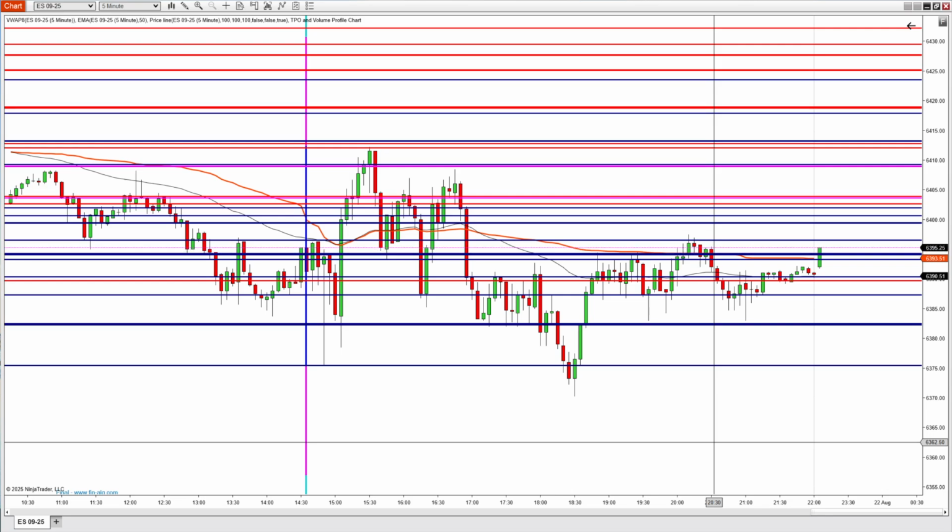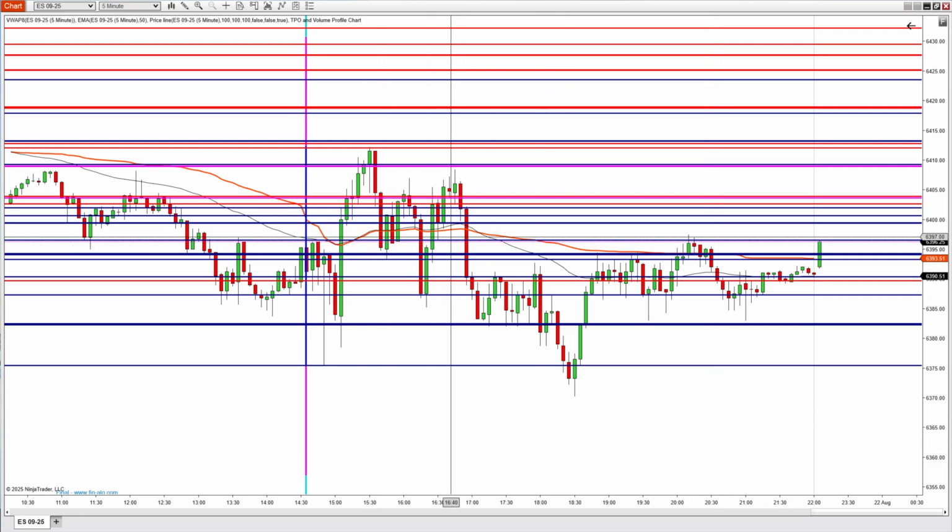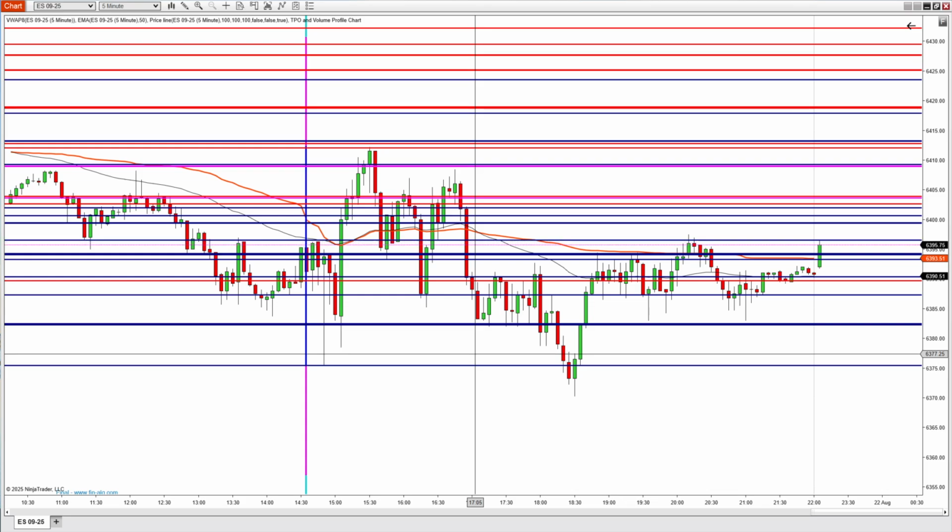But don't take trades based on value area high, value area low. Today's value area high and value area low, the value area is still developing. So I would not recommend taking trades based on today's references.